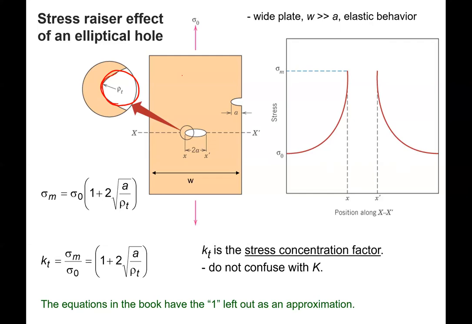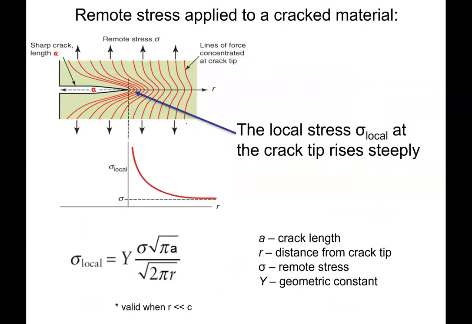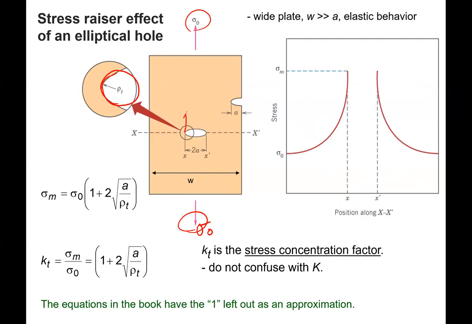All right, so we have an applied stress to the sample, right? And what happens is that right at these lateral locations, we're going to get a concentration, this one here as well. We're going to get a concentration of stress.